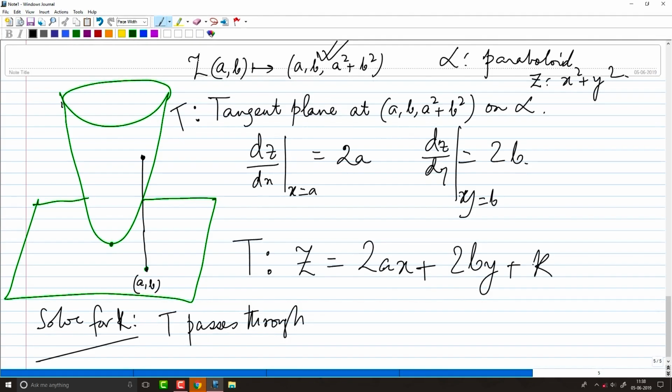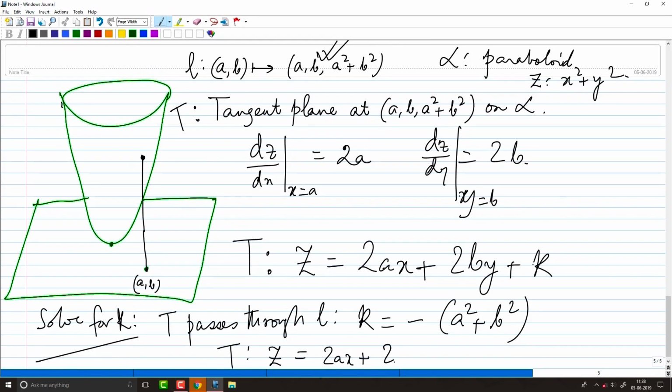Call this point some L. So, the tangent plane passes through L. Use that, and if you just do this calculation, k would solve to a square plus b square, right. So, the equation of your tangent plane finally is 2ax plus 2by minus (a square plus b square). Okay.